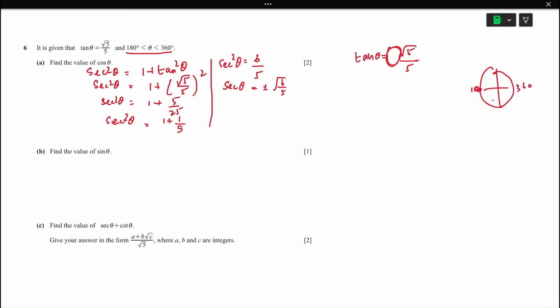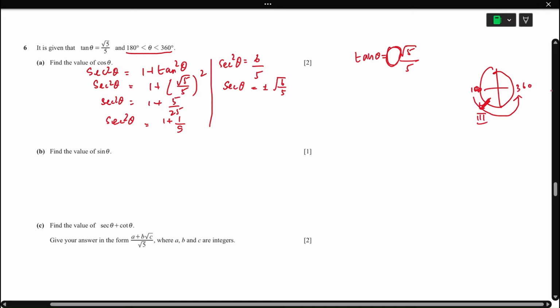So that means only third quadrant and fourth quadrant. But tan is positive only in the third quadrant. So we are choosing only the third quadrant because here only tan is positive. In the same third quadrant, secant is negative because cos is negative.